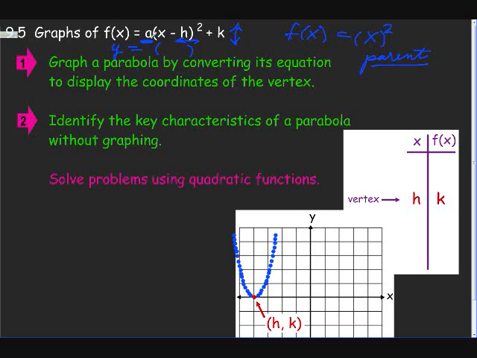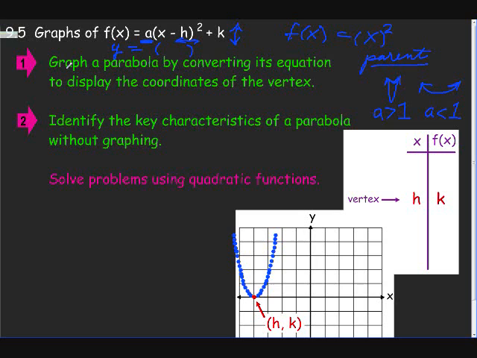If a is greater than 1, it gets really steep. And if a is less than 1, you get a bowl shape, a very shallow version of the quadratic function.